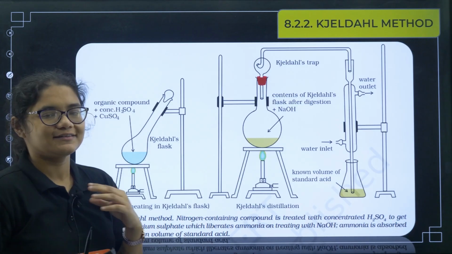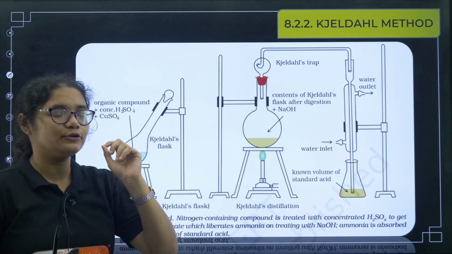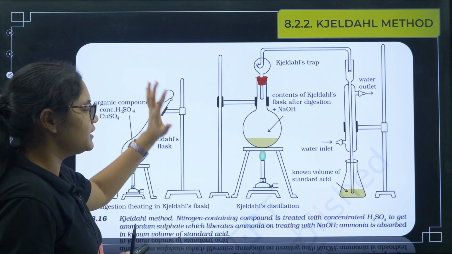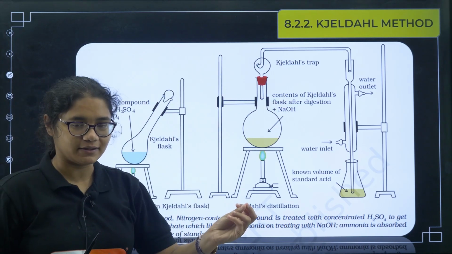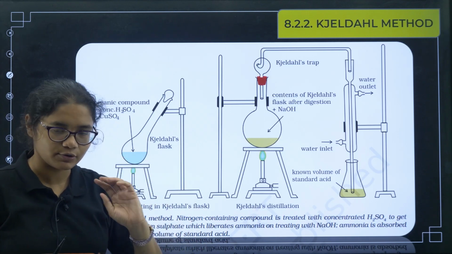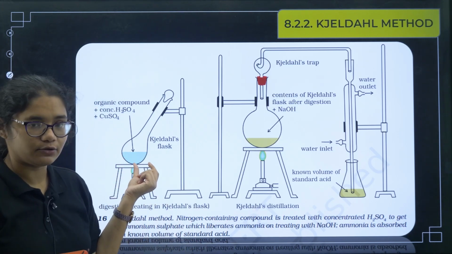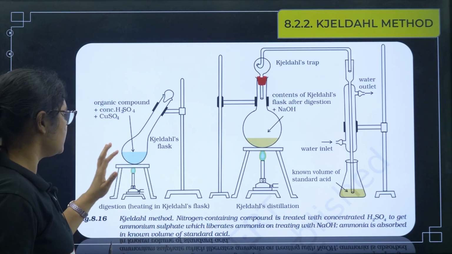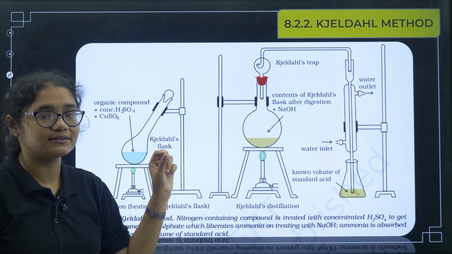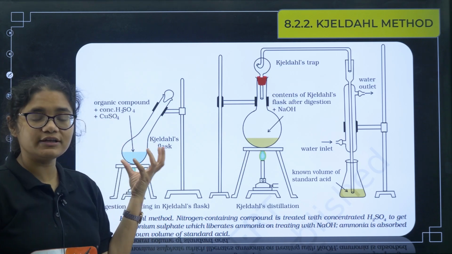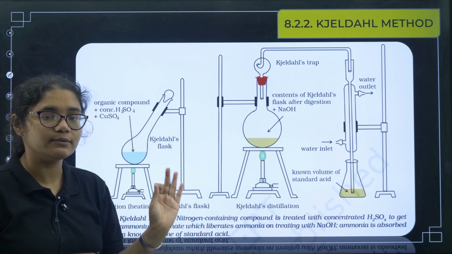Now let us understand the second method to detect the presence of nitrogen, and that is the Kjeldahl method. Many of you get confused with this method, so I want to tell you in brief. First we take the organic compound containing nitrogen. This compound is heated in the presence of concentrated sulfuric acid, so that whatever nitrogen is there gets converted to ammonium sulfate.